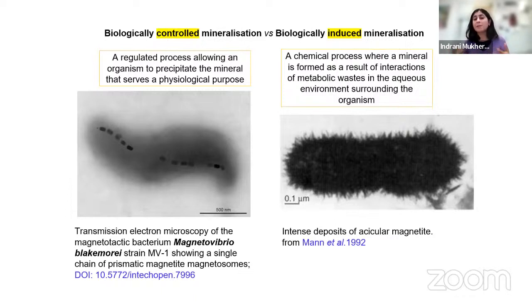Just because it resembles biogenic textures does not mean anything, because we have things like biomorphs. So I was always curious to understand if there was a way of distinguishing between what's biological and what's non-biological.